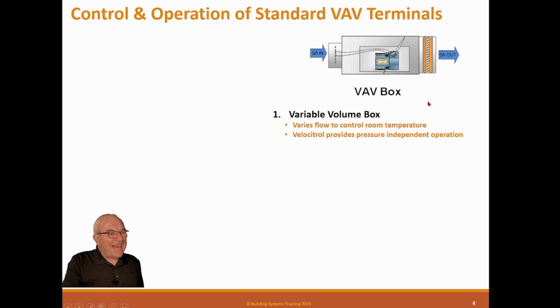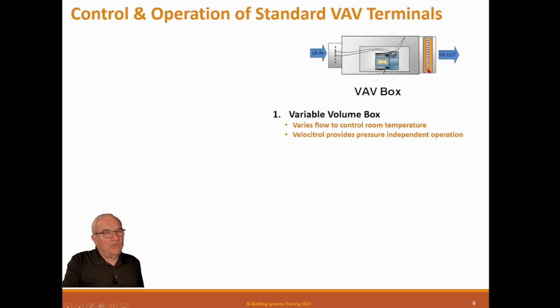Now, the way these actually work is the room sensor connects into the controller, but the controller looks at the pressure flow, the velocity pressure, and it controls the velocity pressure. So the room temperature sensor resets the velocity set point.